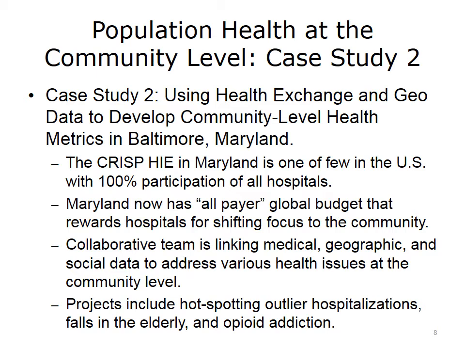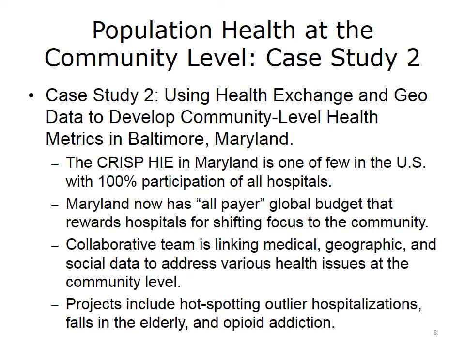This case study develops metrics and approaches to monitoring the health of populations using electronic medical records, administrative records, health insurance records, and public health records to develop a sense at the geographic level of some of the healthcare utilization characteristics, such as hospitalizations or looking at elders who are likely to fall and injure themselves, a very high priority area in most locations, or a new, very exciting and important initiative concerning the impact of opioid addiction, of both legally prescribed medications and heroin.